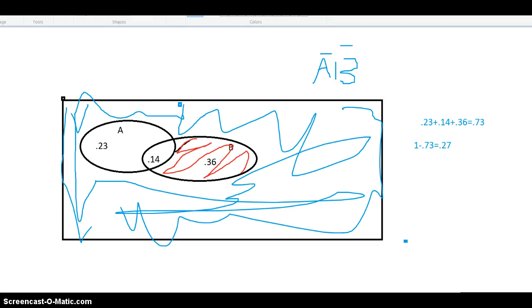Now let's go back here so we can fill out the table. What is the probability that A does not occur and B does occur?